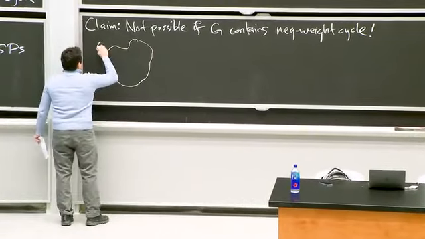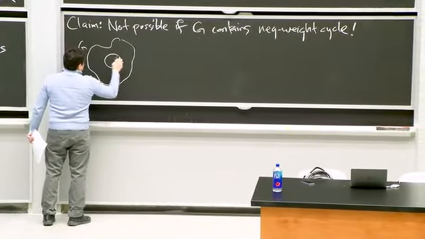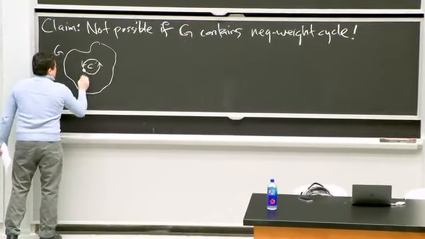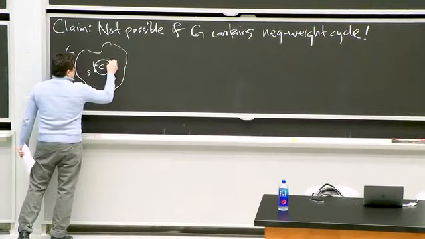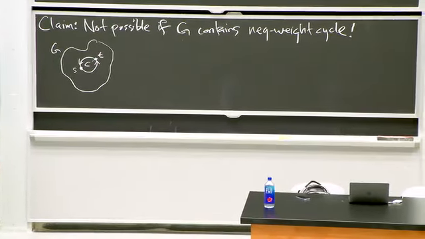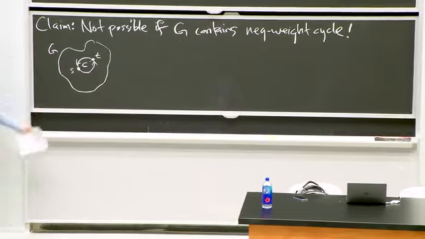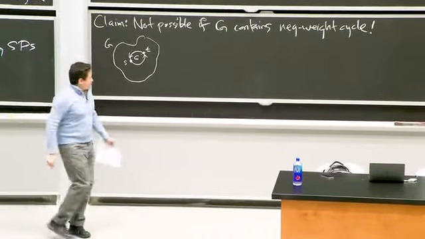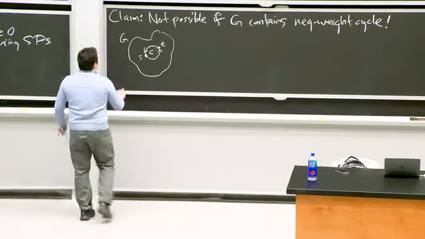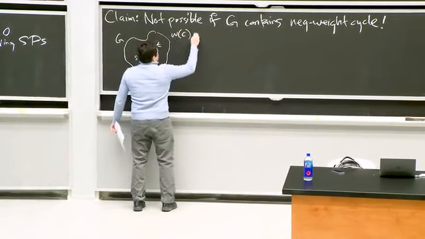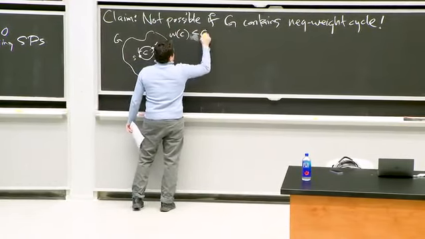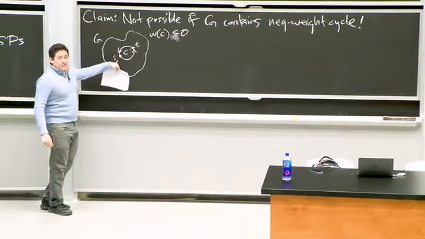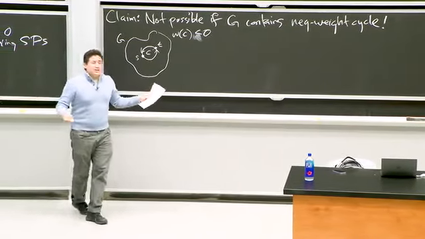If this is G, say we have a negative weight cycle, directed cycle C here. In particular, the shortest path from this vertex on the cycle to this vertex on the cycle, what is its shortest path? It's infinite. You just keep going around the cycle over and over and over again because it has negative weight, right? Weight of C is strictly less than 0. That's what a negative weight cycle is. Okay, so the shortest path from S to T has infinite length, and in particular is non-simple.